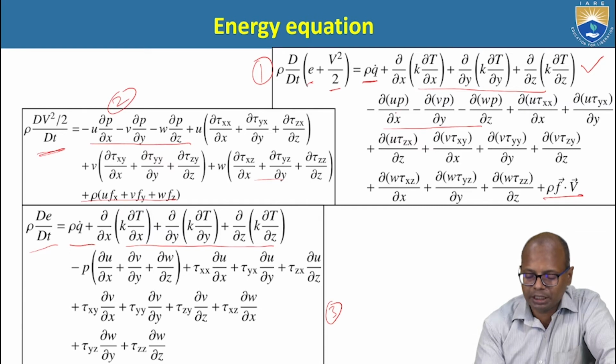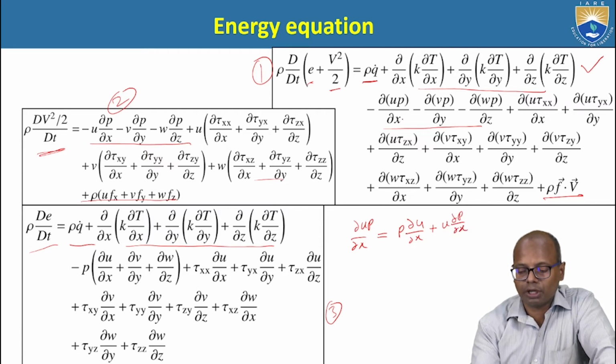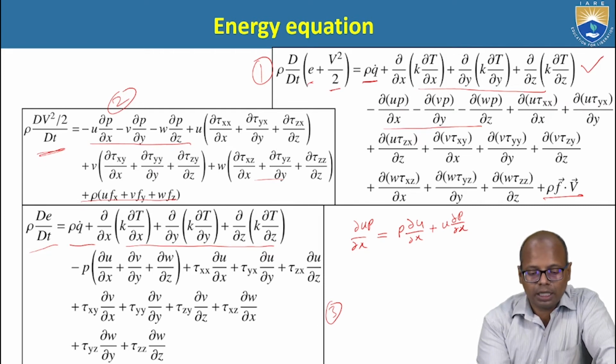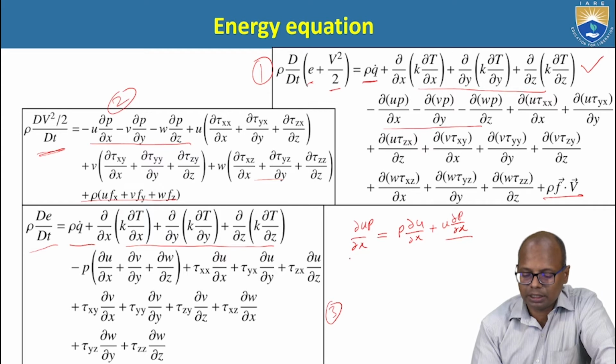Now if I split this one here, what I will get? Dou by dou x of u p: p into dou u by dou x plus u into dou p by dou x. Okay, so I have simply applied the UV rule. So here I have only this term, and this is this.